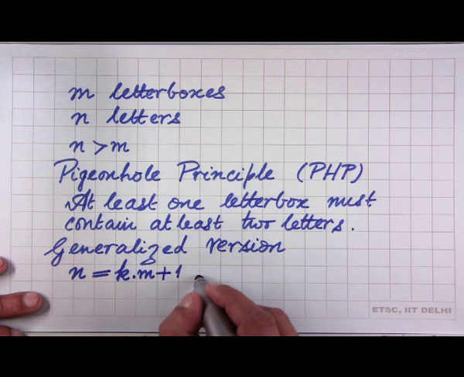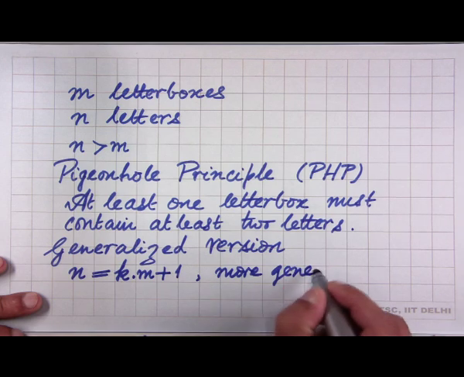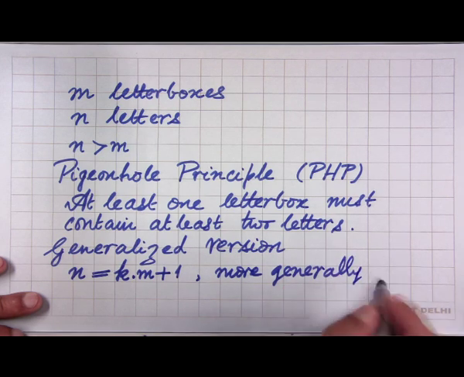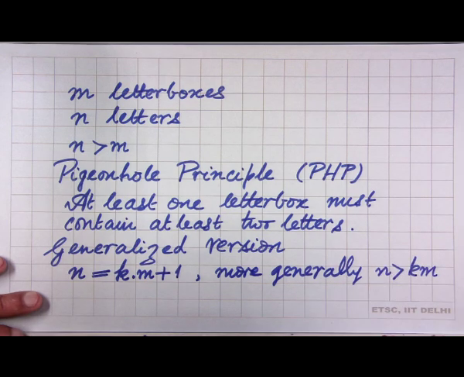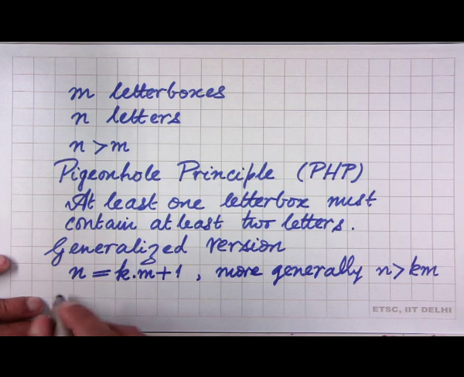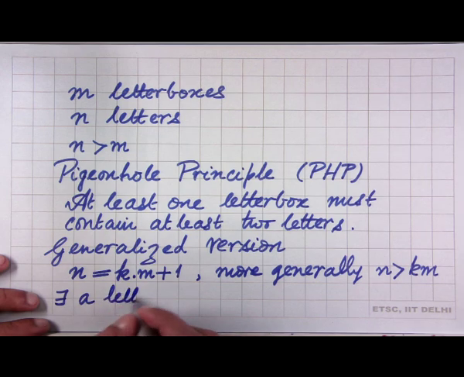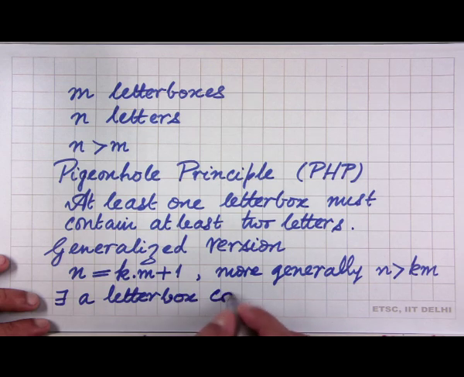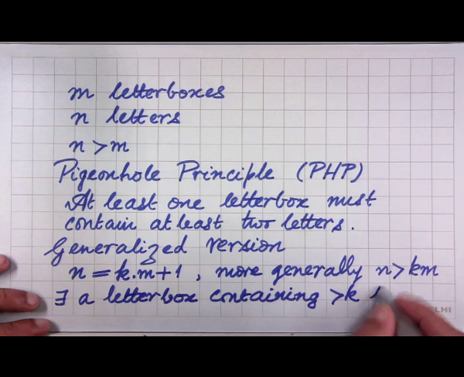Or more generally, n exceeds k times m. And there's still m letter boxes. The Pigeonhole Principle will then say there exists a letterbox containing more than k letters.